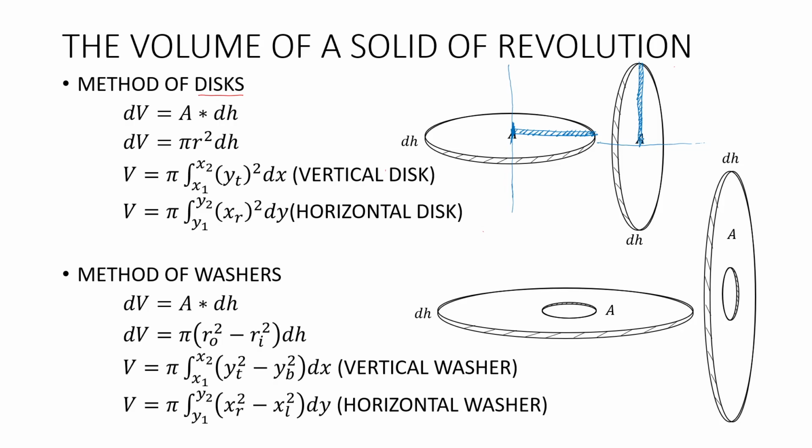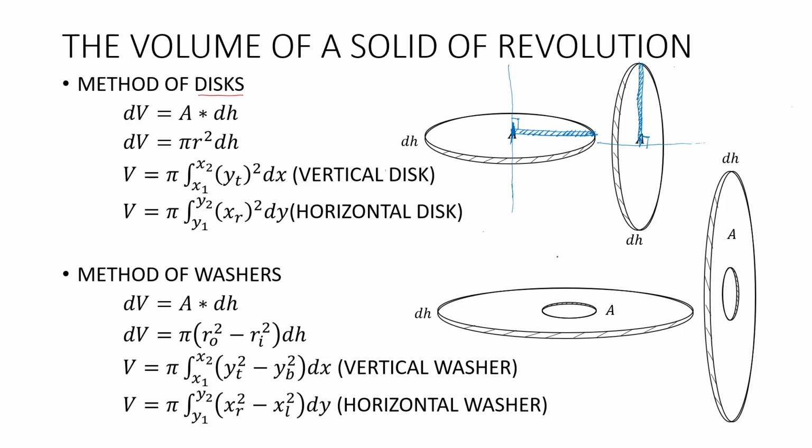So this creates a disk volume. And one thing to note here is that the method of disk and washer is applicable if your strip is perpendicular to the axis of rotation. If it's not perpendicular to the axis of rotation, that would be the third method, which is the method of shells or cylinders.